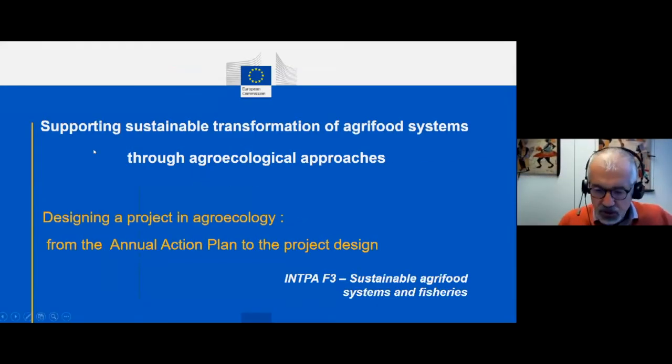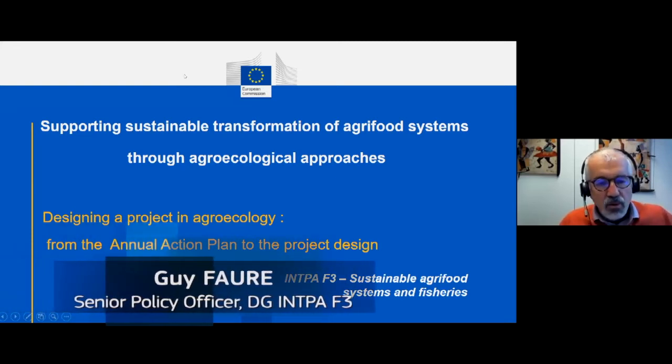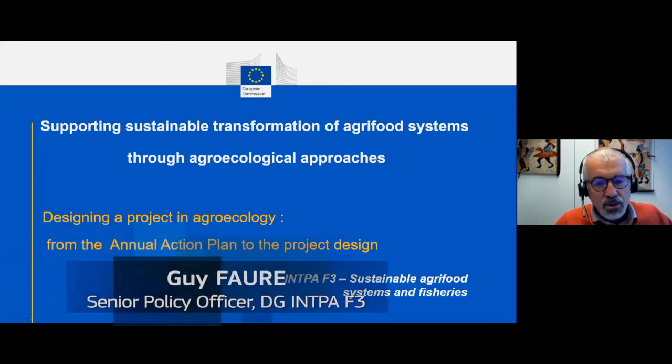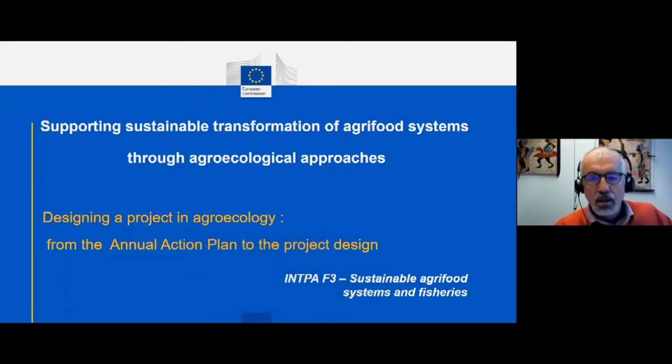So this morning, we'll talk about concrete cases, projects that are developing agroecology interventions, and we'll try to define those projects and what actions we can put in place.